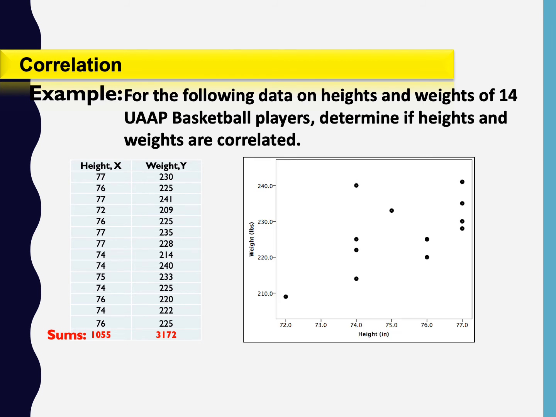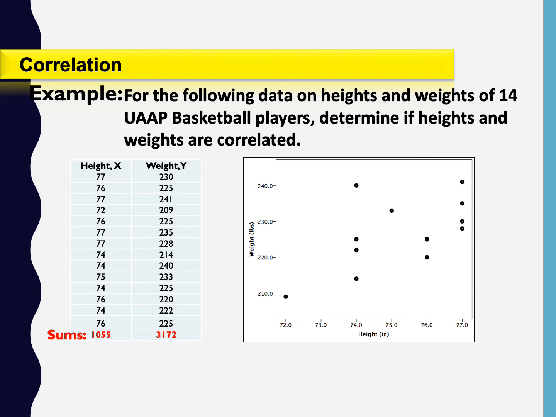Plotting the scatter plot of the weight and height, we have this graph. Here, we cannot conclude at first if it has a correlation, or if there is negligible correlation.